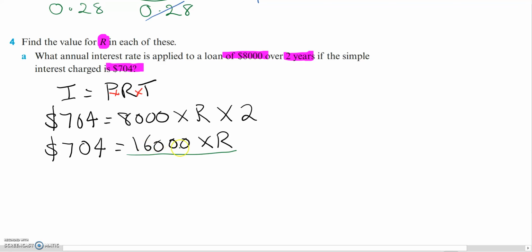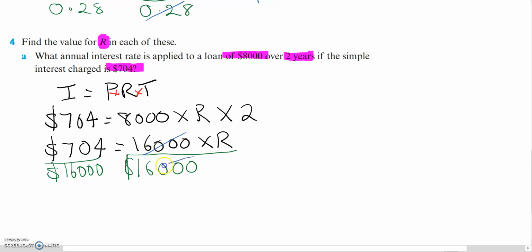To get rid of the 16,000, we need to put that over itself. And what we do to one side, we do to the other as well. There should be a dollar sign there. I'm getting a bit slack.